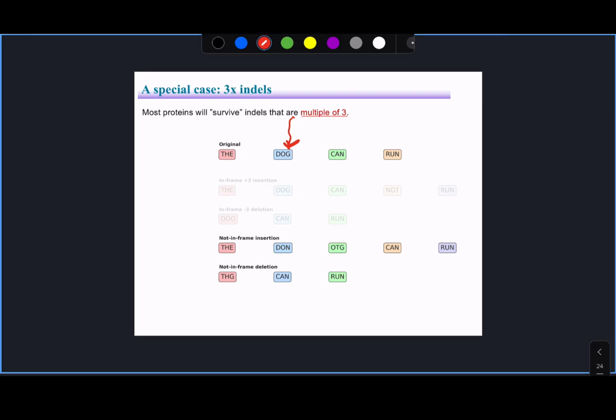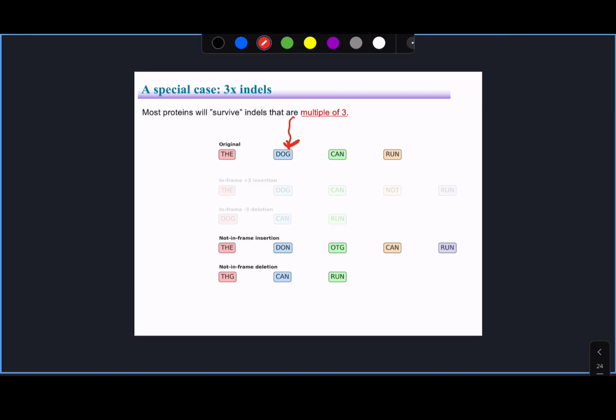So you have the first 2 letters of the old codon, the first letter of the 3 that you're inserting, then the second and third letter of the 3 that you're inserting, and the third from the old. This thing affected 2 codons, but nothing else. The rest is fine. Is the message changed? Yes. Can we still make some sense? Well, the dog object can run. So, okay, I didn't get that, but there is something that can run.